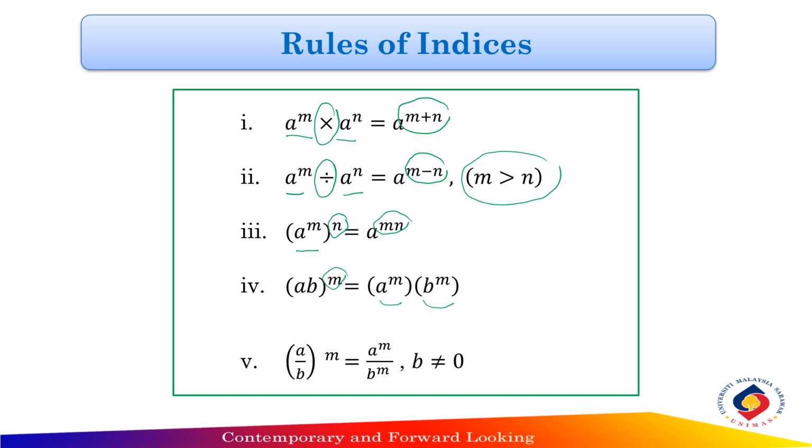This one we can also split into A to the power of m divided by B to the power of m, where B cannot equal 0, so the denominator cannot be equal to 0. So these are the rules of indices.